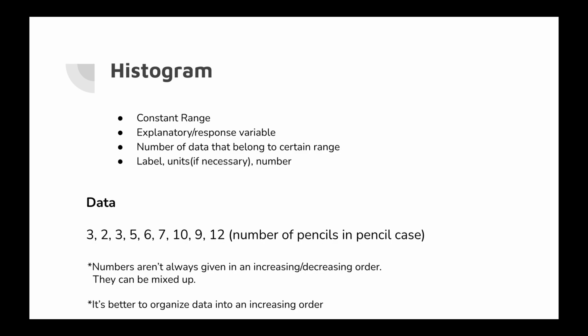This is just a small tip, but the numbers from the AP tests are not always given in increasing or decreasing order, which means they can be mixed up like the example data given here. So I recommend organizing them in increasing order before drawing a histogram so that you won't be confused by putting wrong numbers for each bar.